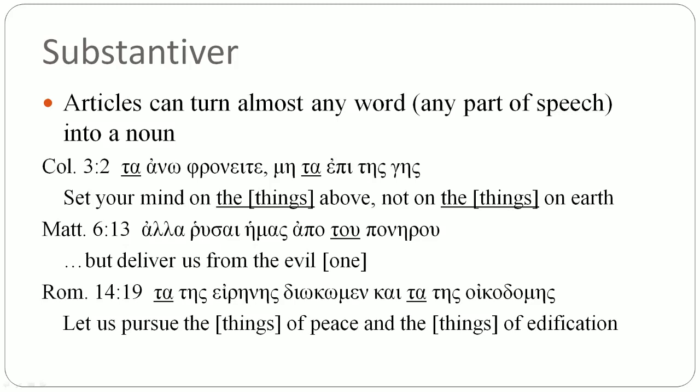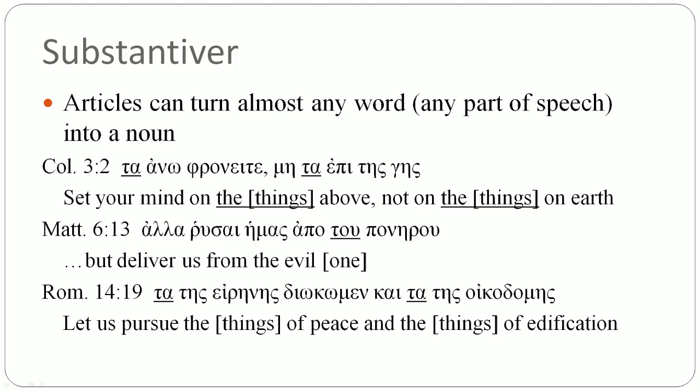Colossians chapter 3, that first word ta is there with ano, and ano is an adverb. Okay? Above, I believe, is the way that it's translated. Set your mind, ta ano phroneite. Okay, set your mind on the things above, me ta epi tes ges.